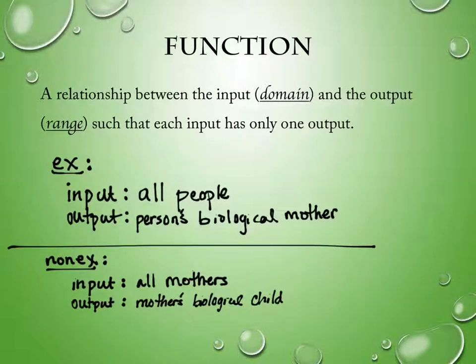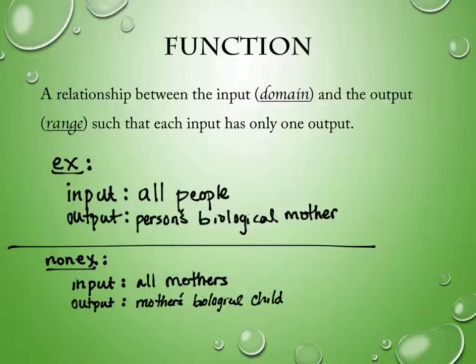Why is this not a function? Because that mother, whoever you selected, could have more than one biological child, right? So each input does not have exactly only one output in that scenario. So this would be not a function.